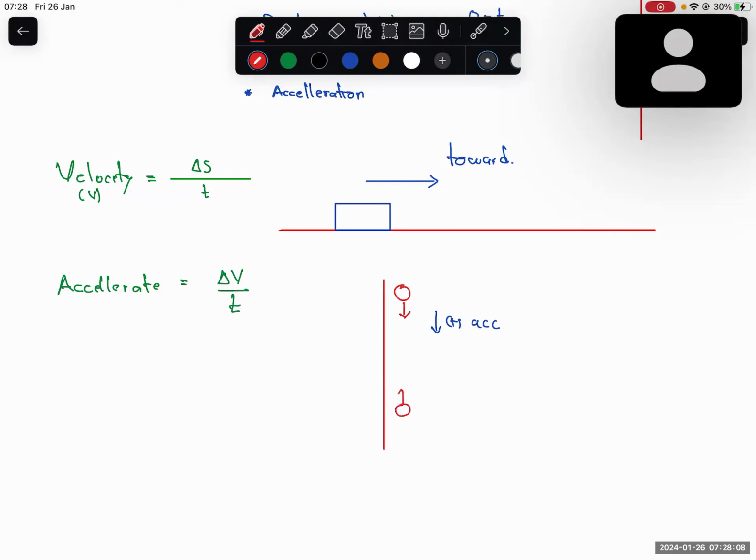When it goes upwards, what do you call it? Upward negative acceleration. Excellent. Can you prove how it is an upward negative acceleration? Because it is against the gravitational acceleration.